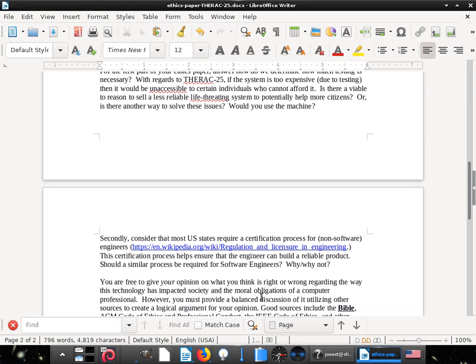Maybe there's ways to make it more clear what you need to know and be able to do whenever you're going into the field. Especially since the government already sort of has a hand in this build-up that we do to get that software degree.